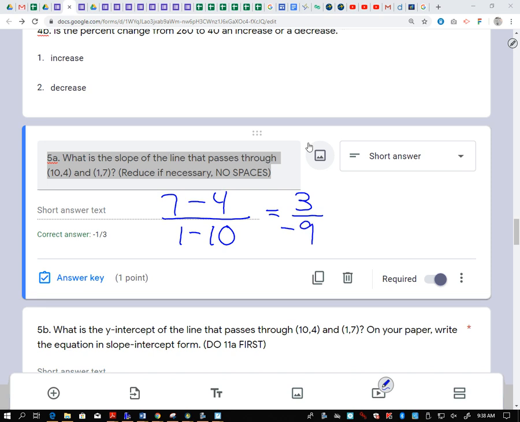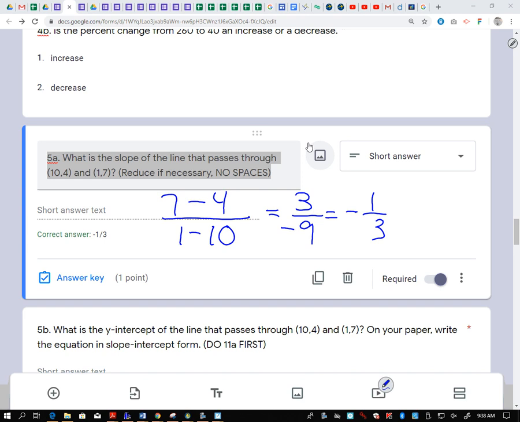Can I simplify this at all? 1, negative 3. And do we ever want the negative to go with the denominator? We either want it to go out front or we want it to go with the numerator. Okay, so that's what you're going to type in, negative 1 divided by 3. Okay? Questions about that?